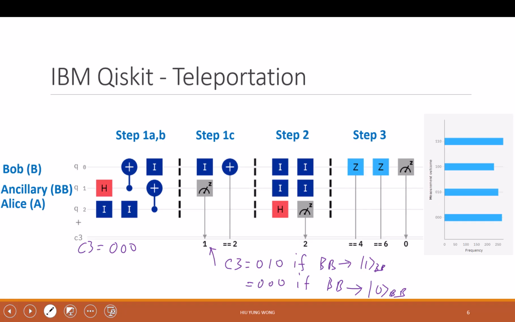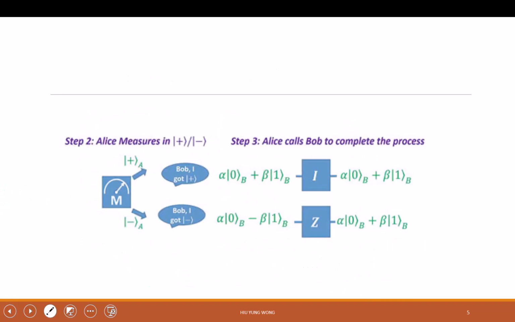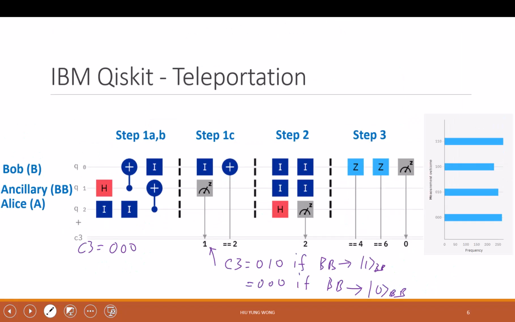Okay. So then the next step is very simple. Step 2. Alex does another measurement, but she's going to do it on the plus-minus basis. How can we measure in the plus-minus basis? We cannot, because by default we are only measuring in the computational basis 0 and 1.